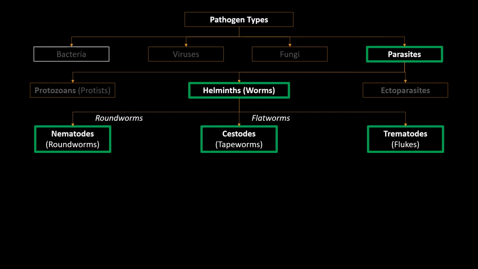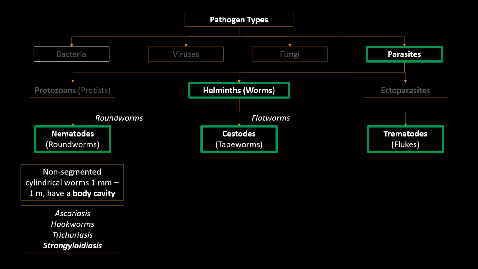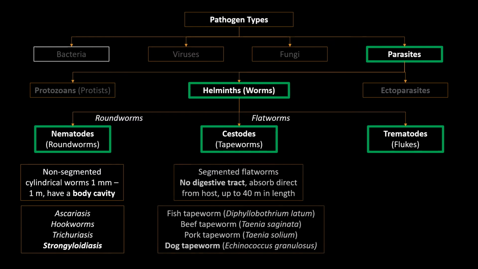trematodes. Nematodes, of course, being non-segmented cylindrical shaped worms which contain an alimentary tract, with several important members, for example, being the intestinal ascarids and strongyloides, which is of great clinical importance. Cestodes are segmented flatworms, colloquially referred to as tapeworms, which lack a digestive tract and absorb nutrients longitudinally. Tapeworms can reach up to 40 meters in length.